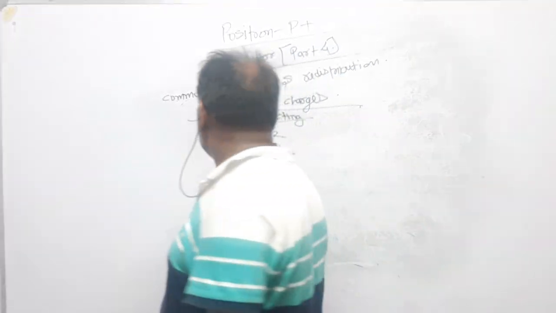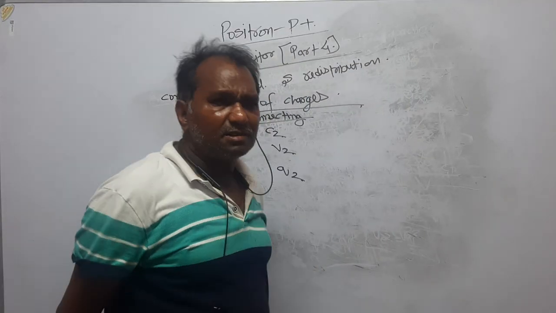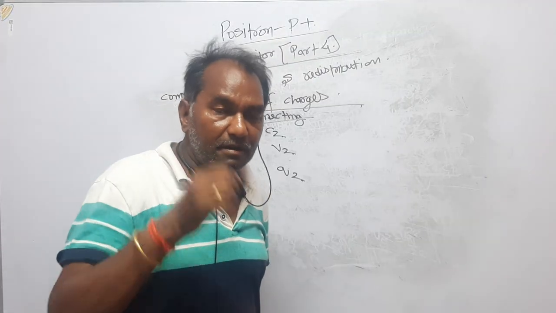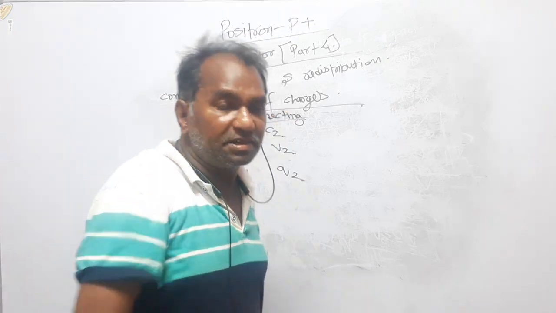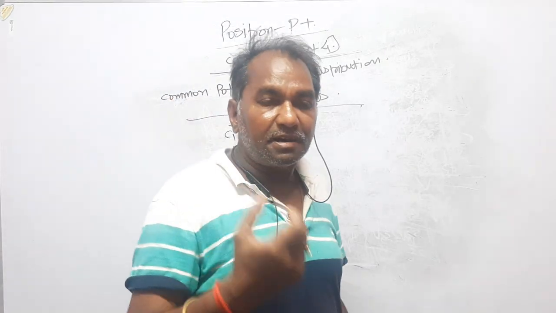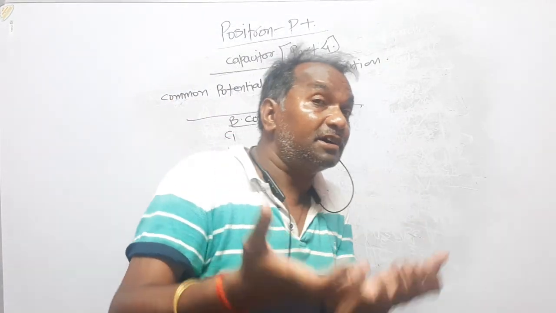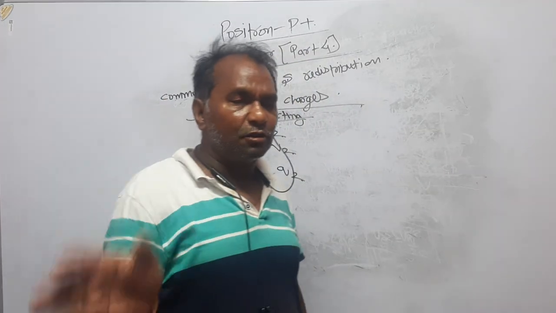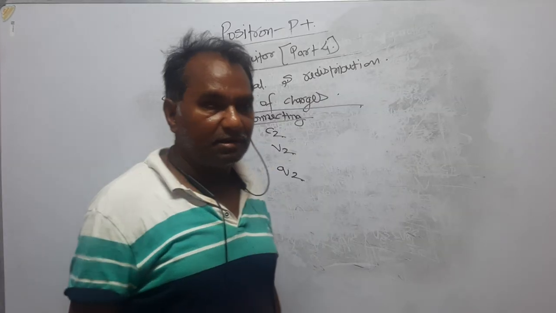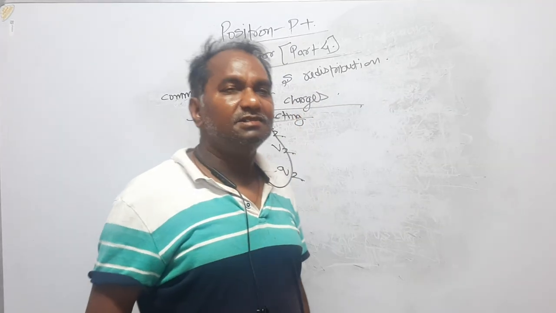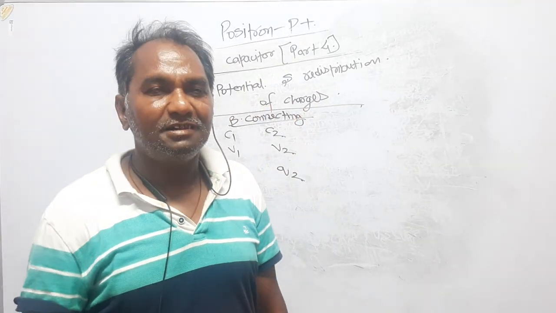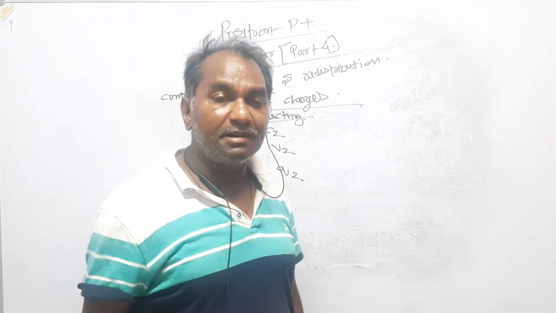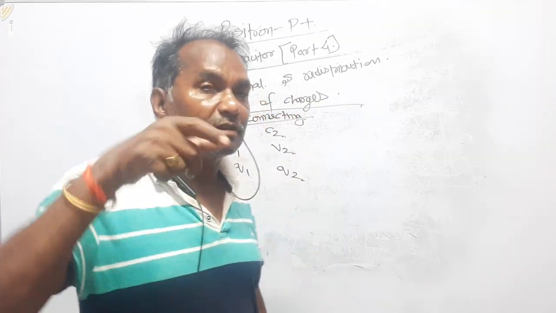It tells how much charge it can store in itself. It depends on C equals A epsilon naught upon D: the area of the plates, the distance between the plates, and the dielectric inserted between the plates of the capacitor.